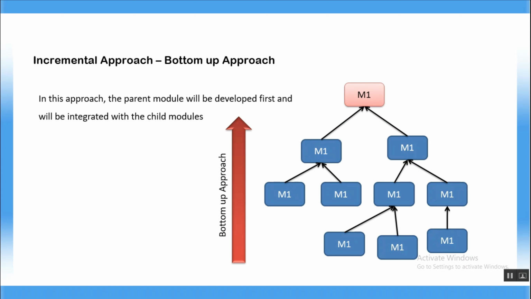Suppose here you see at the bottom, all the blue color modules are developed. These are called child modules. These are all developed, and the parent module, which is in pink color, has not been developed. Then we'll replace that pink color module, I mean the parent module, with the driver. So this is called the bottom-up approach.